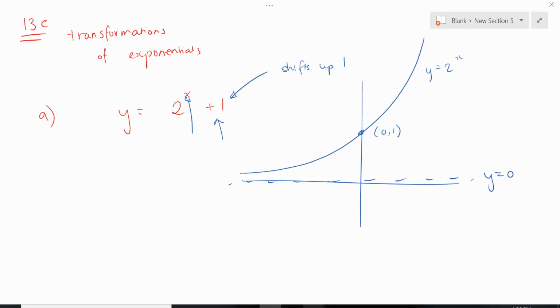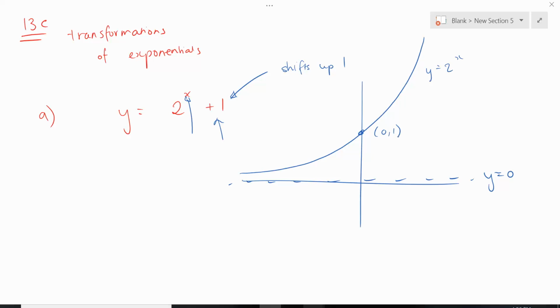The y-axis intercept, and what else would change? If I moved everything up by 1, what else would change? Asymptote. Logically, the asymptote now would move from 0 to 1 because you moved it up by 1. So the asymptote now will be at 1.